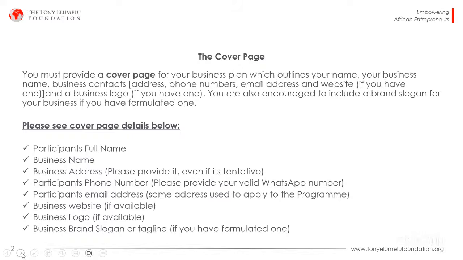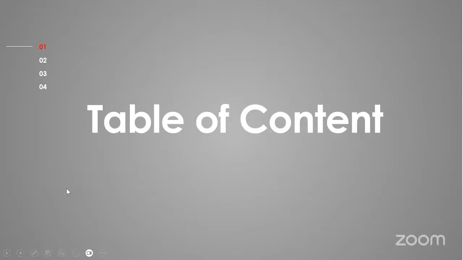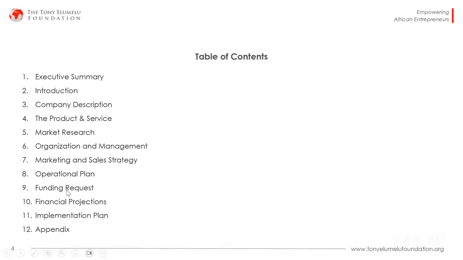You've got the cover page where you're supposed to put basic bio data and things that relate to your business, typical, easy to find information about your business, from your name even to your business name and even the brand logo, the business logo, and even if you have a brand slogan. Thereafter, you then go into the critical part, which is where I will be harping on and really discussing details.